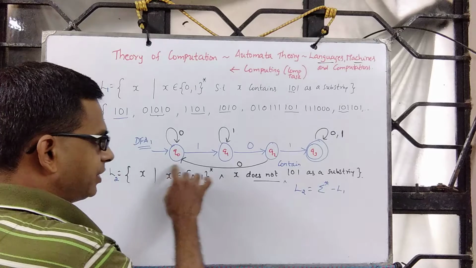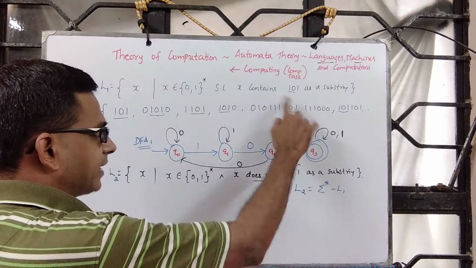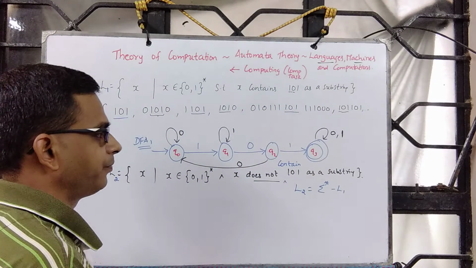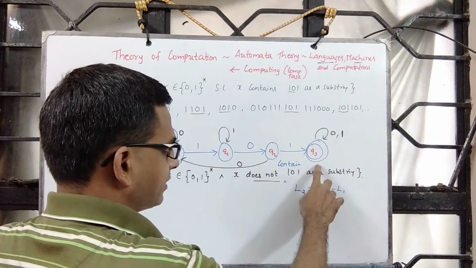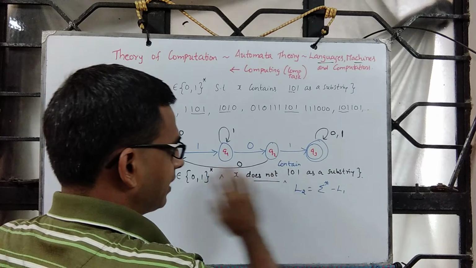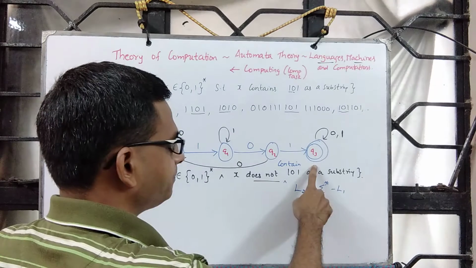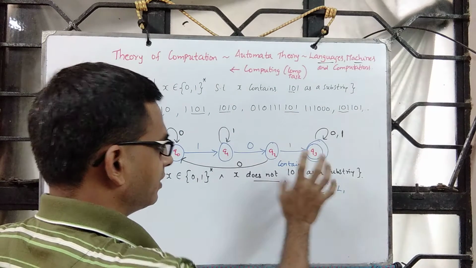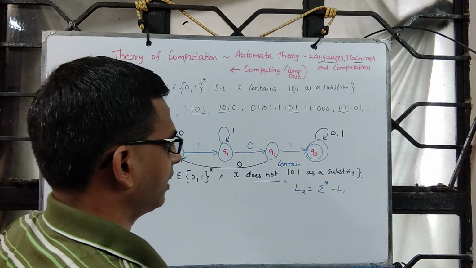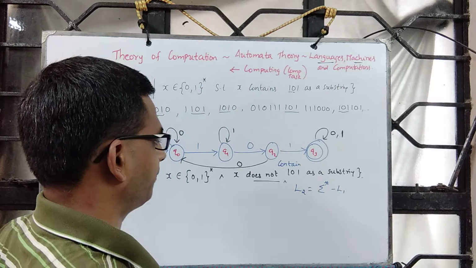So if you pay attention to this automaton, the one that accepts 101, for a string x, after completely scanning x, if you are at Q3, what does that mean? The string is a valid string and we say accept.